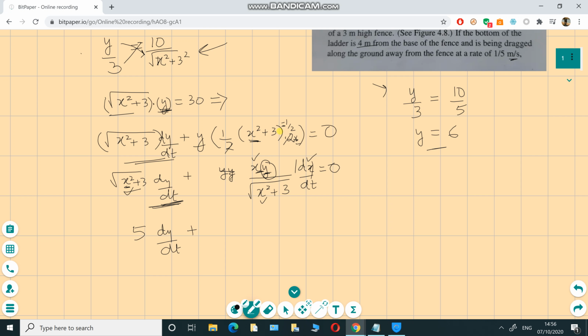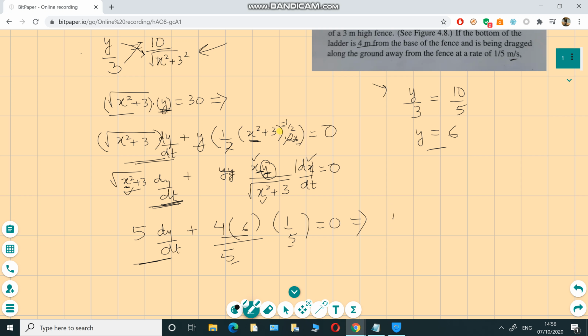X is 4. Y is, we just got 6, over 5 again. Dx over dt is 1 over 5 equals 0. And so we get this term, we can hold on to it. This becomes 24. 6 times 4, 24. 5 in the bottom, 5, 25.